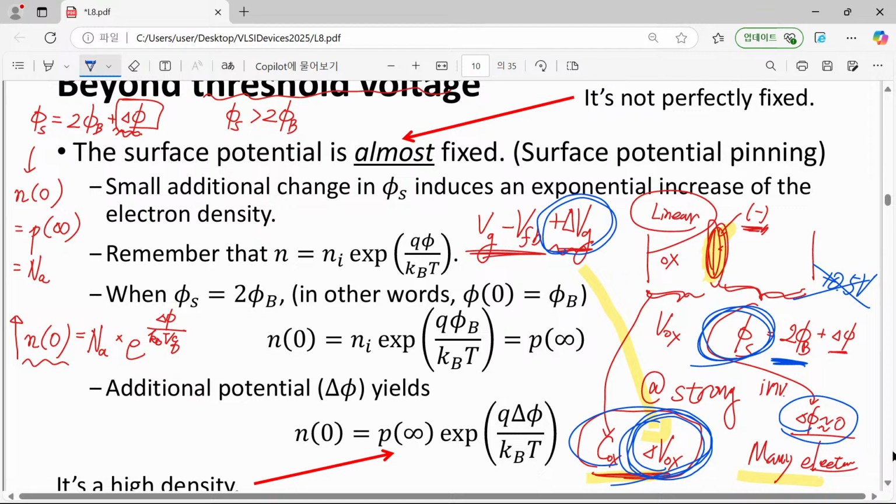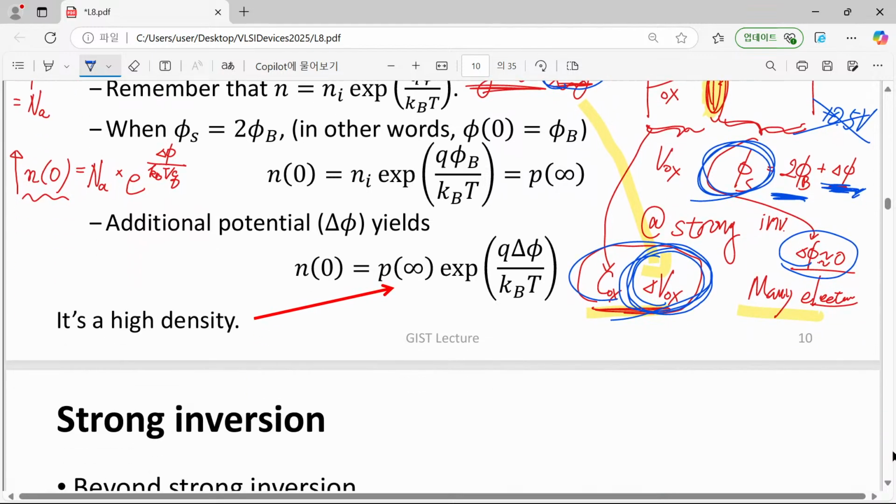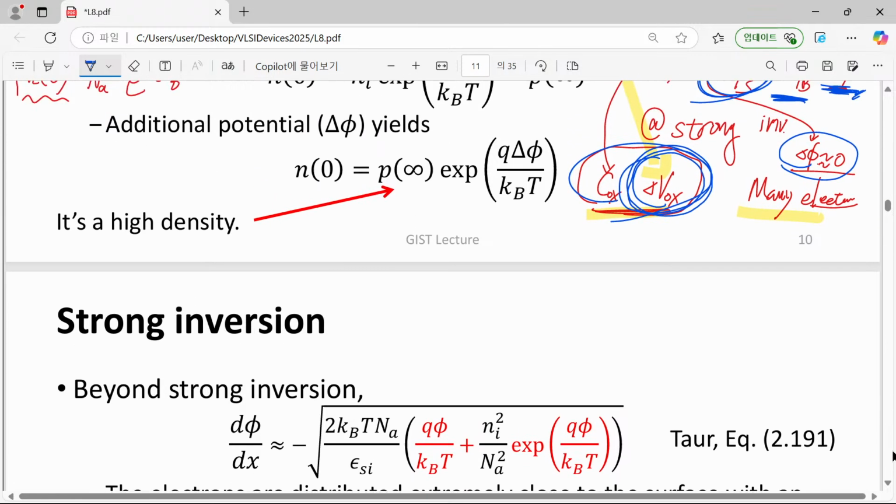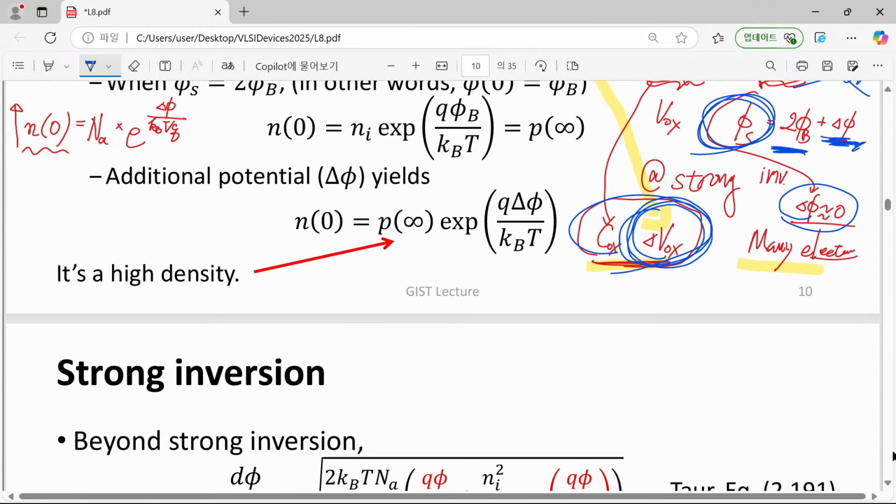But after strong inversion occurred, the further increase is much more limited. Although it is increasing, the amount of increase is really limited.